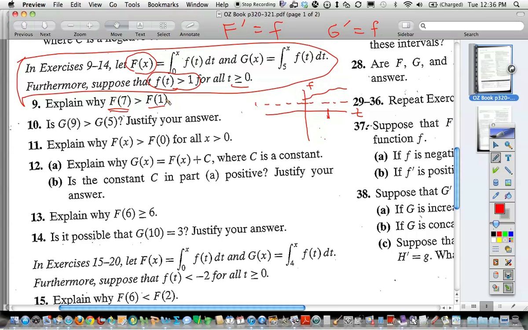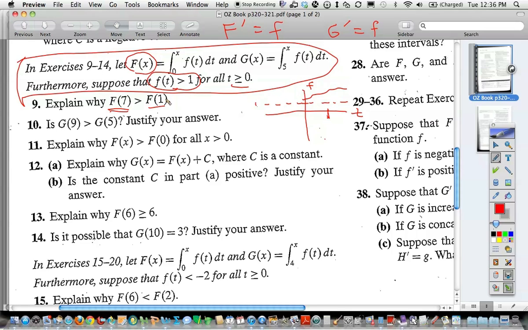But see how that's a different explanation than the one about area. It gets us to the same place, right? In one we say, since little f's above the x-axis, our areas will always be increasing because we're picking up positive area. The other one is to say if your slopes are always positive, then the graph is always increasing. Big F's always increasing. They both get us the same place, but they're two different rationales.